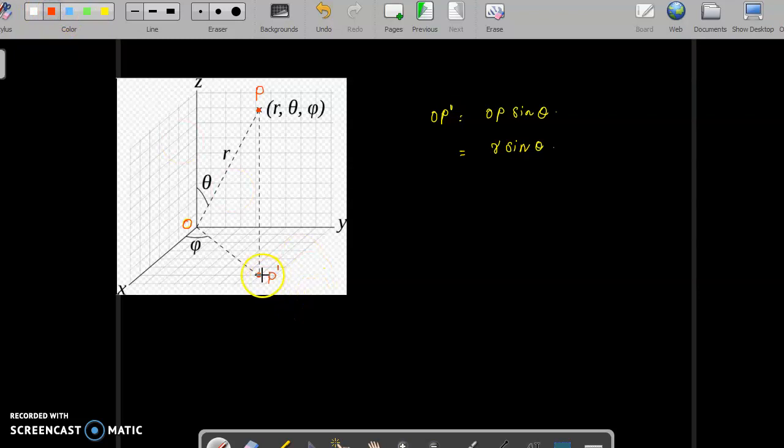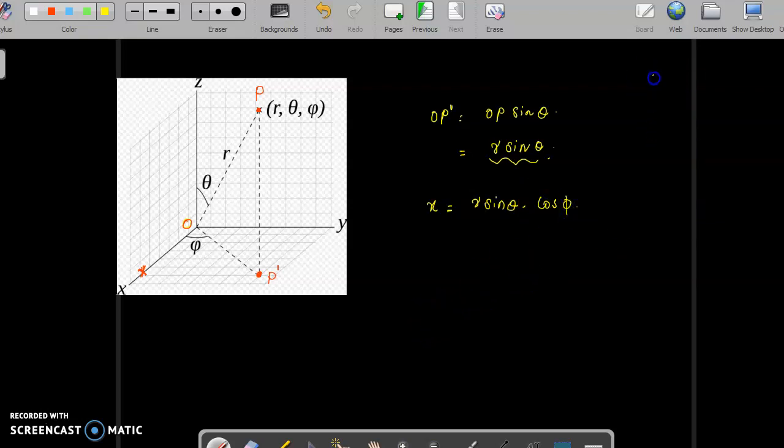What is the projection of this point P dash on the X axis? It will come exactly here. The projection of OP dash on the X axis makes an angle phi with X. So X becomes r sin theta multiplied with cos phi.